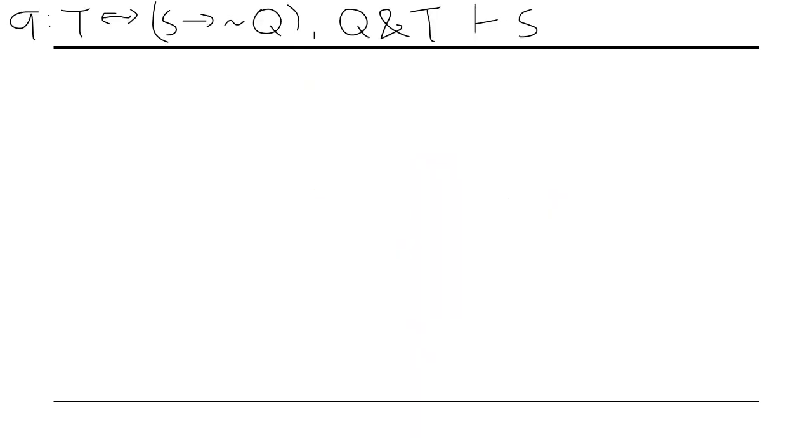Here we've got two premises, so same thing as all the other times. Start with the premises on the left, Q, QT. Put the conclusion on the right. Let's look at this first premise. What is its main operator?